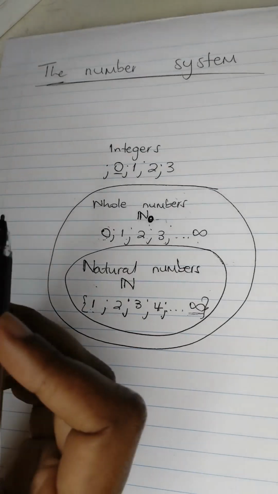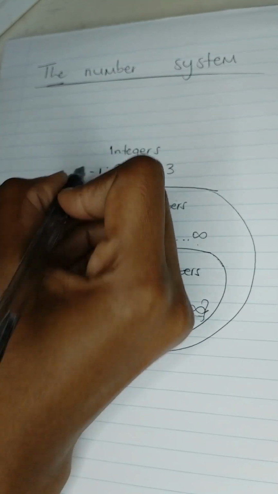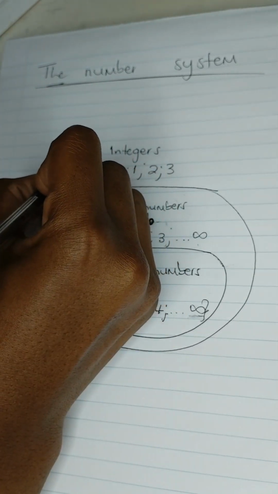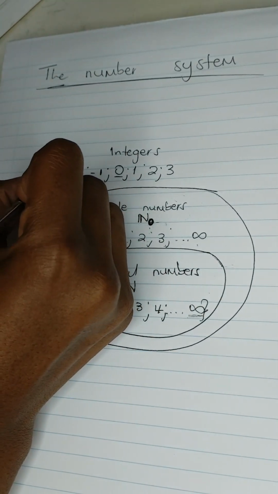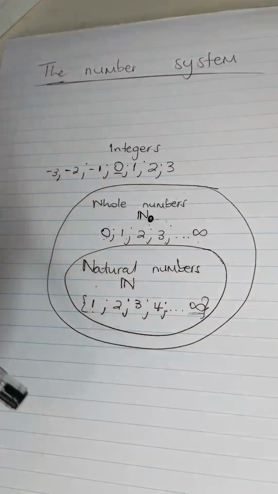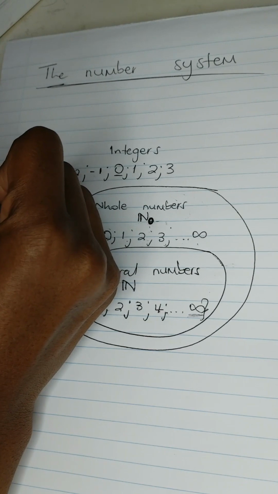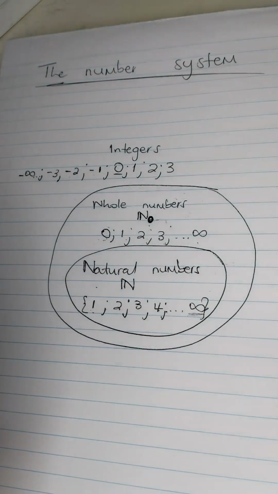So what do we have before 0? We have negative 1, and before negative 1 comes what? Negative 2. Before negative 2 comes what? Negative 3, up until negative infinity. These 3 dots mean we are continuing.